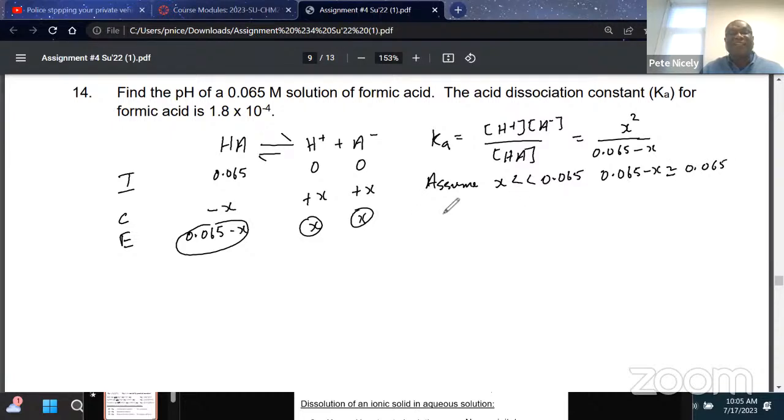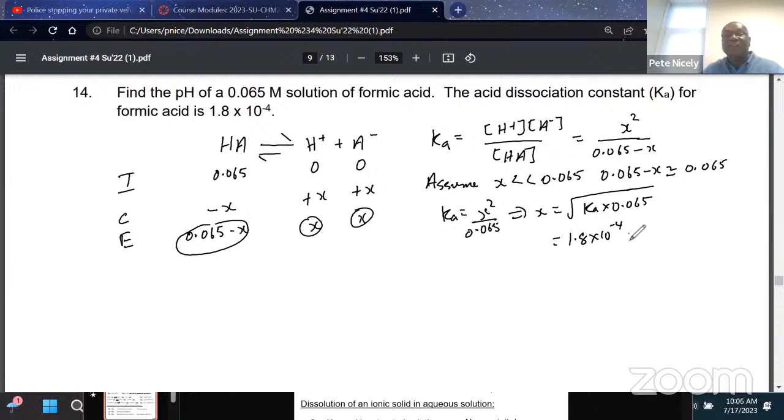So that simplifies the Ka expression to be equal to X squared over 0.065, which means that X would be equal to the square root of Ka times 0.065. And the Ka value is given as 1.8 times 10 to the minus 4. So multiply that by 0.065, and we find the square root of all of that.